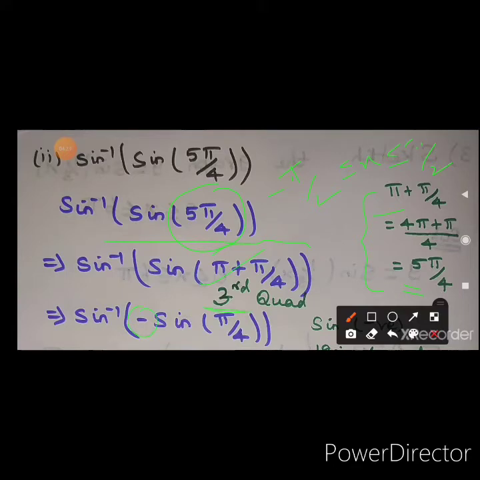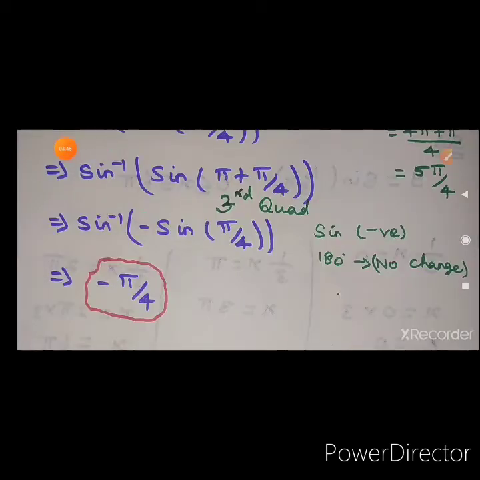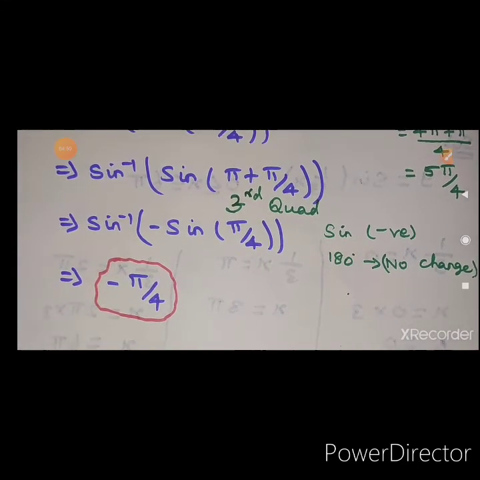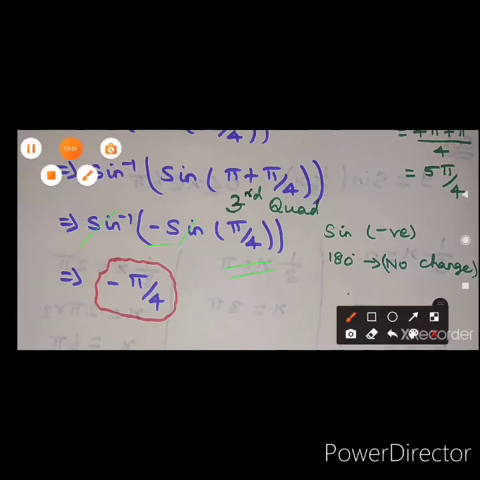Pi means no change, so sine stays as it is. So sine inverse of minus sine of pi by 4, where theta is pi by 4. Then cancelling sine inverse and sine, the value is minus pi by 4. That's it.